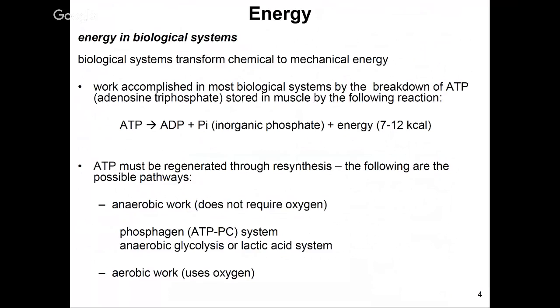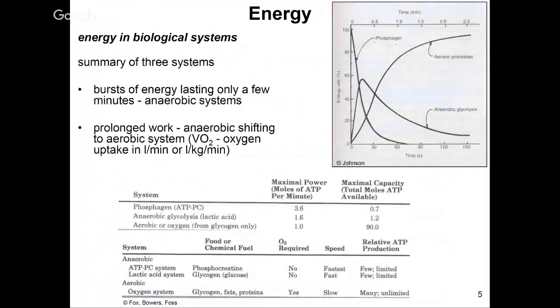Your body can harvest more energy out of what it inputs when you're doing aerobic work, which means that you're using oxygen. We have three systems that we're going to talk about. There are bursts of energy that only last a few minutes or seconds, even prolonged work, where you have anaerobic shifting to aerobic.